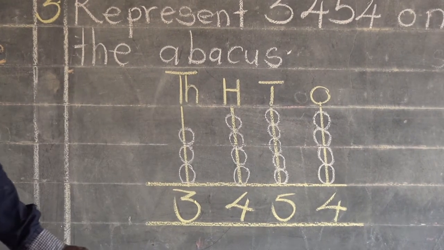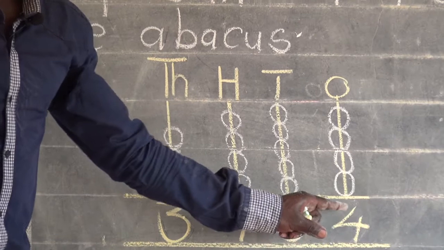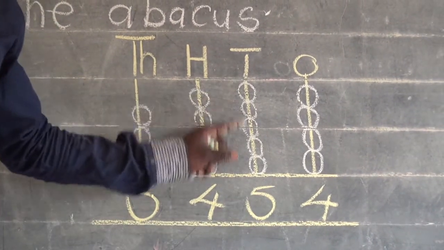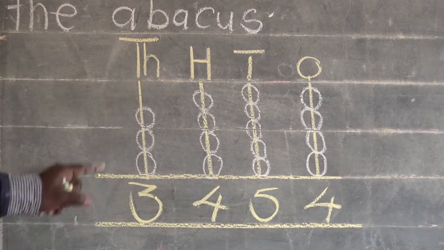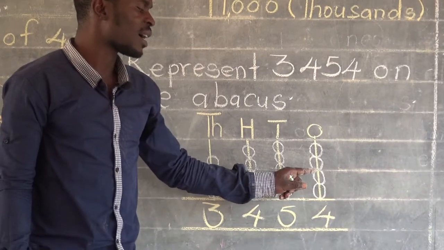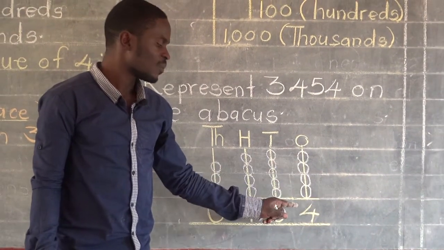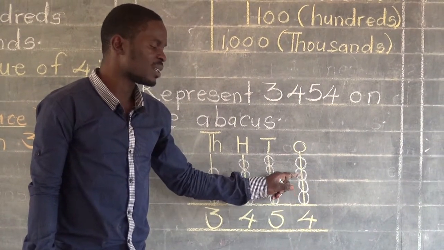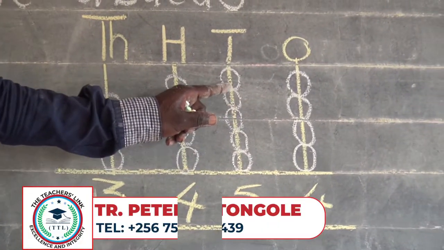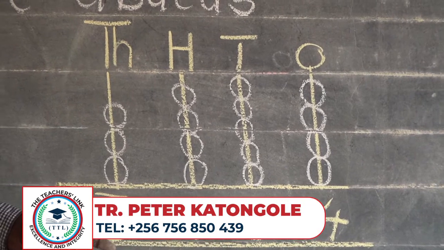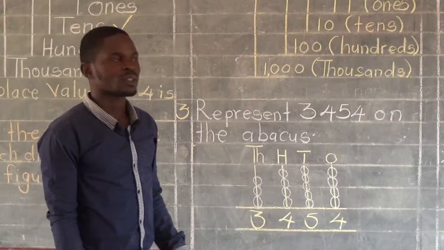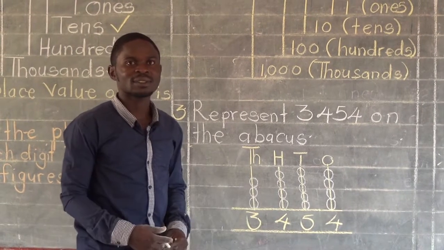And also make sure that you write these digits under their corresponding place values, arranged properly like that. Then also make sure that these beads don't hang on these lines. Let these beads sit on each other, the way you see them touching each other. If you leave your beads hanging, I'm assuring you your answer will not be correct. So let's go now and look at an activity right there.